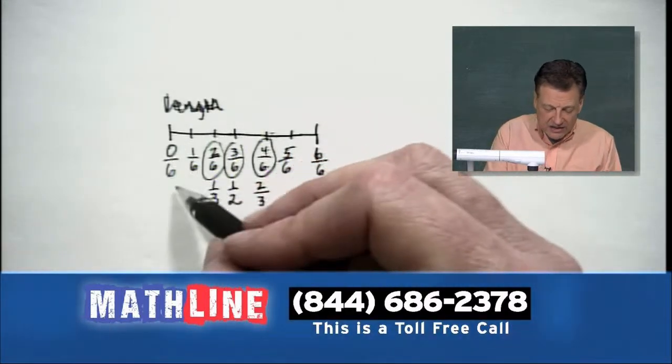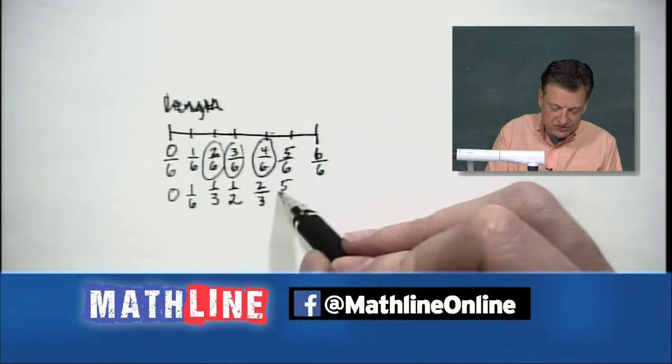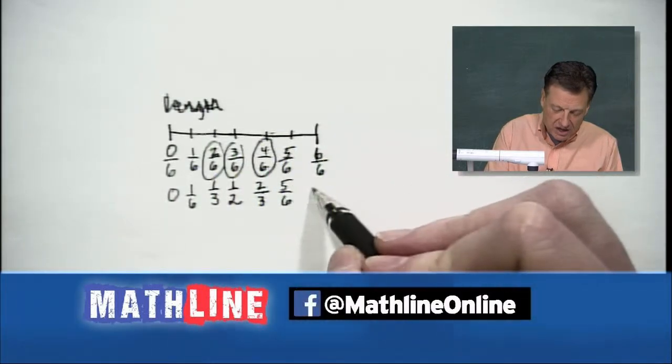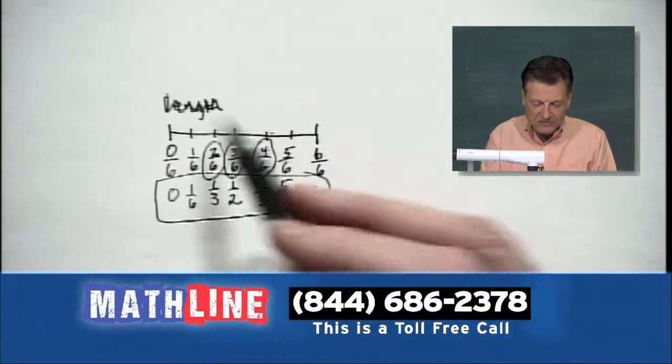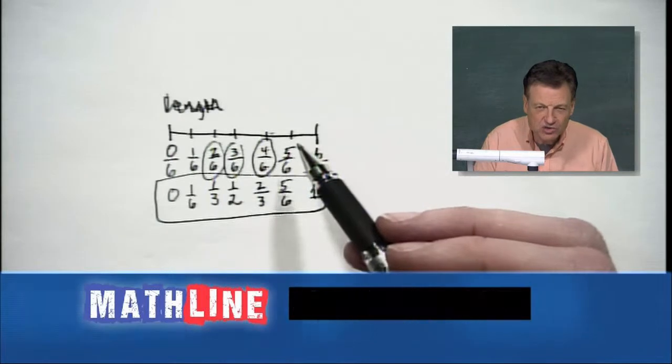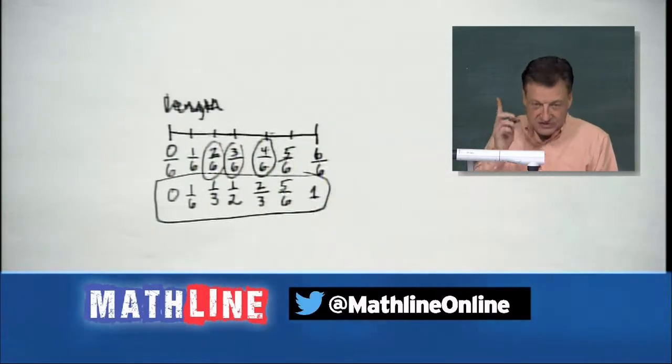So again, that's 0. There's 1/6. 5/6 isn't going to change, is it? And there comes 1. So that would be how you would divide from 0 to 1, a whole length, into 6 pieces, okay? You got 1, 2, 3, 4, 5, 6 pieces there, all right?